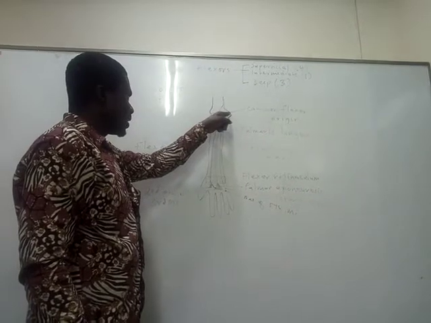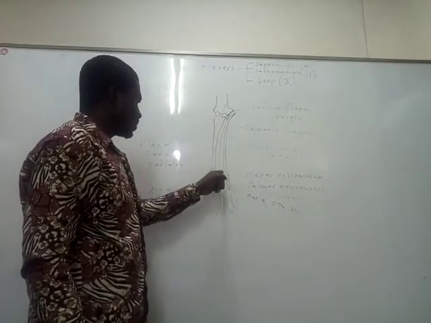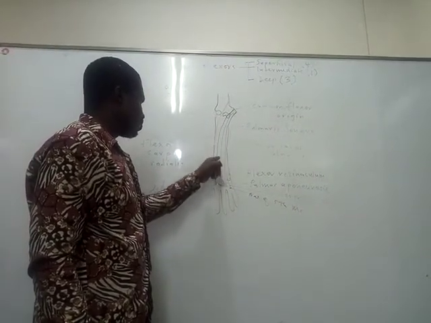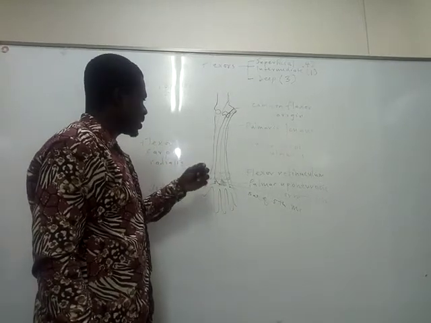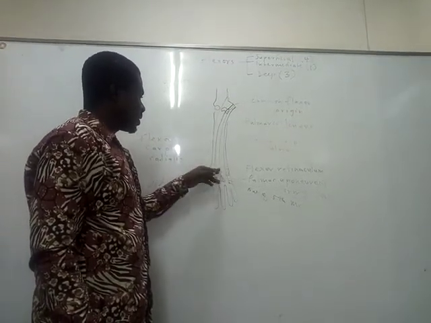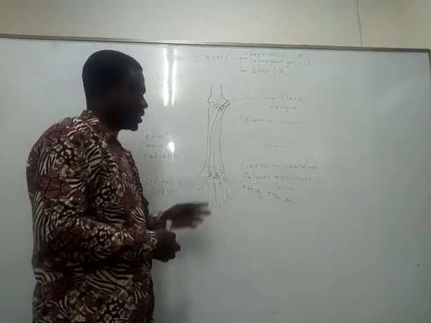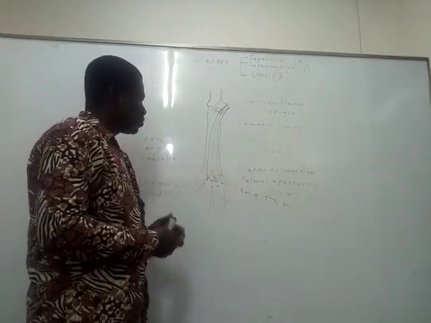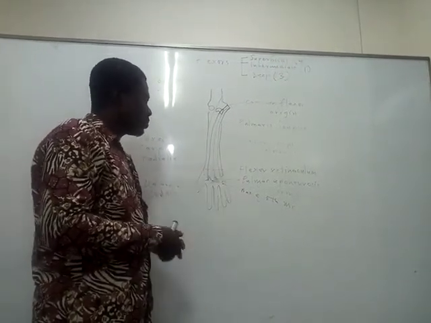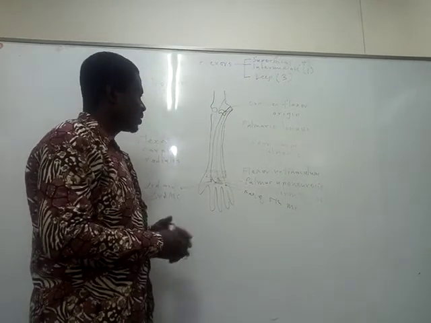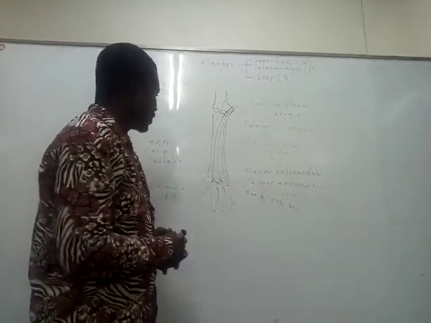Also coming from that same common flexor origin, we have what we call palmaris longus, which may be absent in some individuals, taking attachment at the superficial fibers of the flexor retinaculum. Beyond it, spreading, forming this fibrocartilaginous structure, triangular in shape, the palmar aponeurosis.